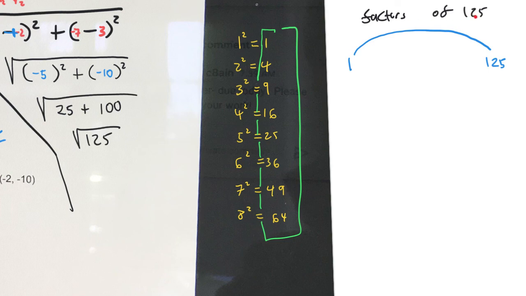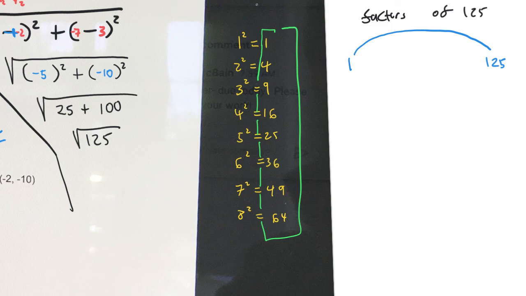So 1 happens to be a factor of 125, and 125 happens to be a factor of 125. Then you could ask yourself, does 2 go into 125? Well, it doesn't. Does 3 go into 125? The answer to that is no.